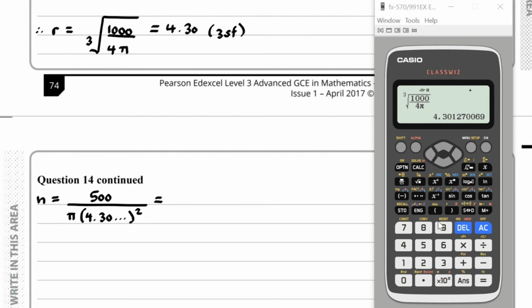So if I work this out, I've got 500 over pi lots of this squared, which is 8.60, etc. to 3 significant figures, 8.60, and don't forget the units, we've got centimetres.